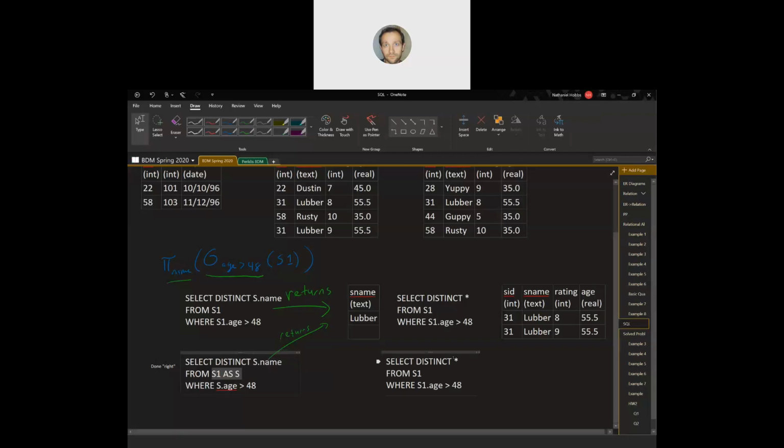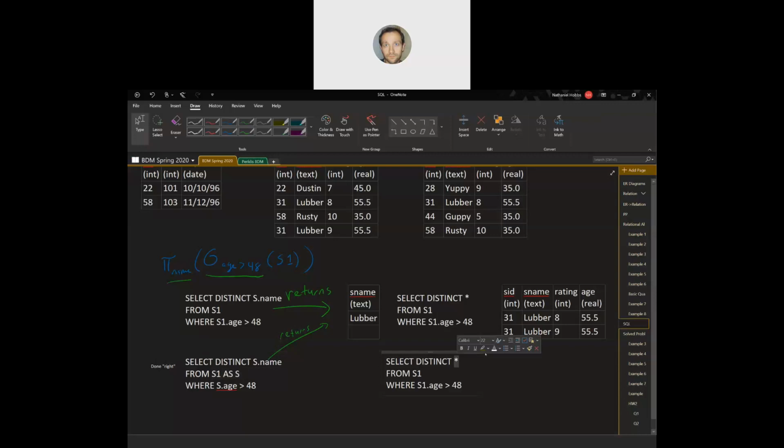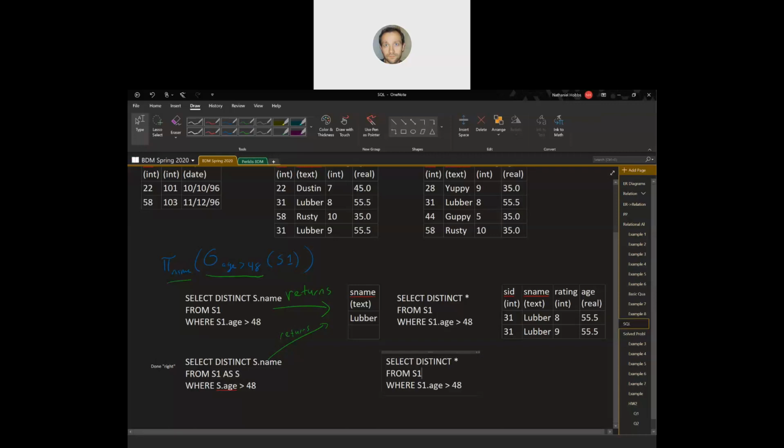The second thing that I will ask for this class that does not have a tangible difference in the output is that I don't want you to use star. I want you to write explicitly the columns that you want. So here, again, I'll rename the table.